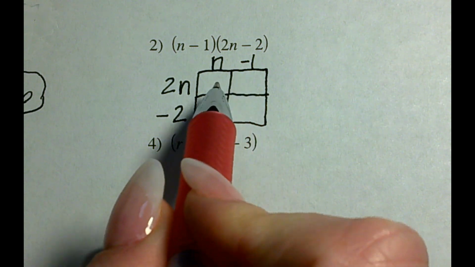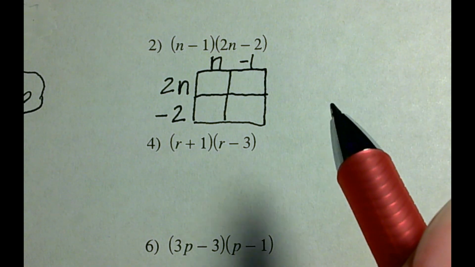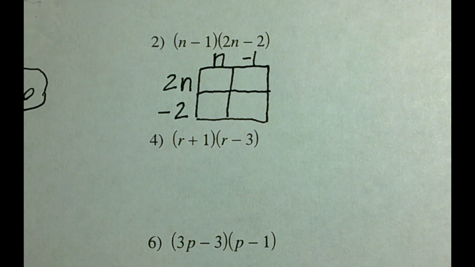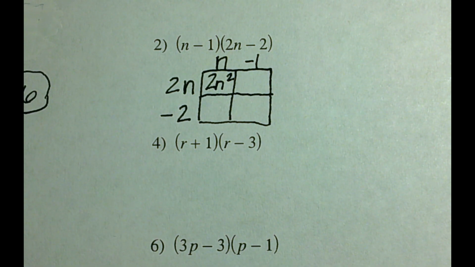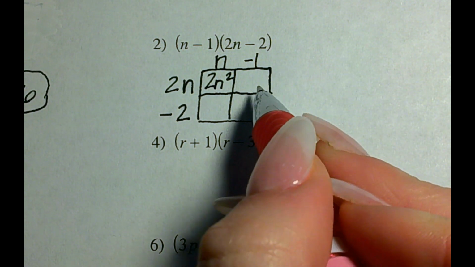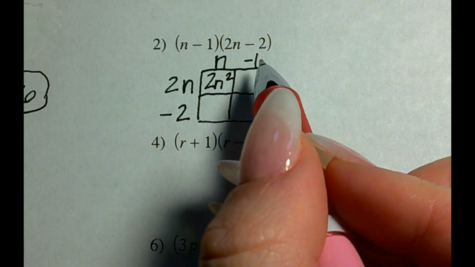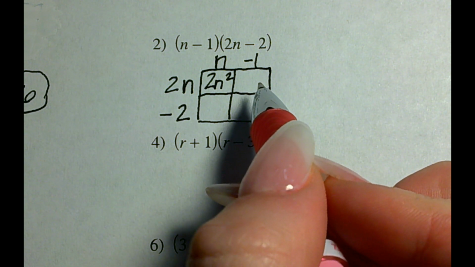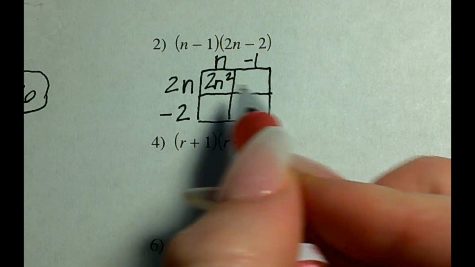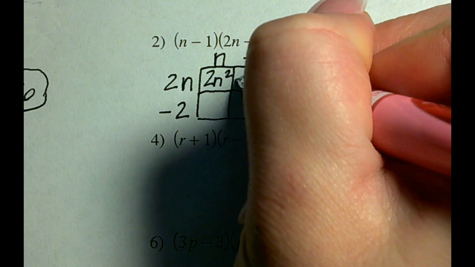So what do we multiply first? 2n times n, with the little tiny 2. 2n squared. Perfect. What comes next here? 1 and n, minus 1. Ah, we have minus 1. Okay, minus 1 times 2n. What does that give us? Minus 2n.